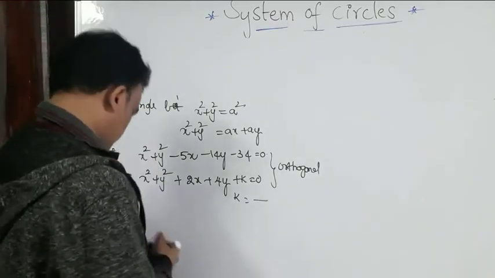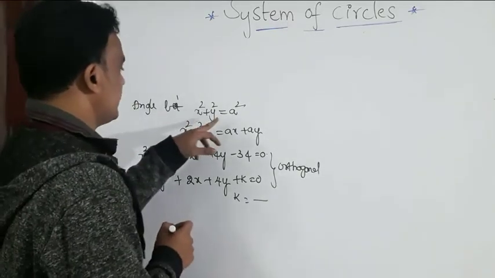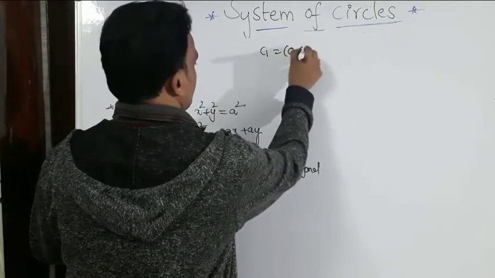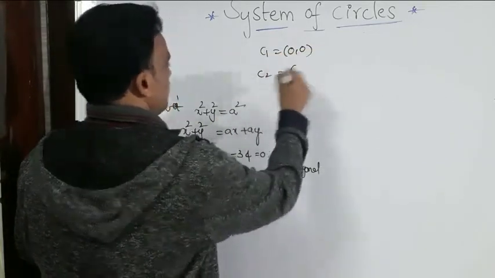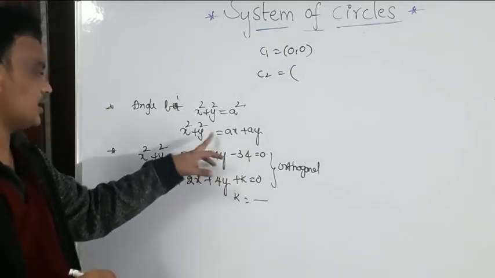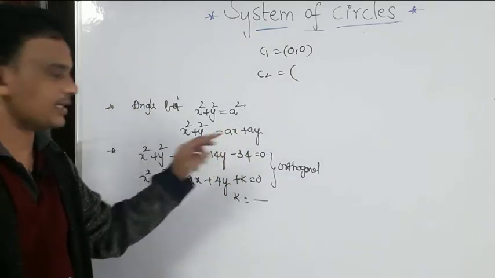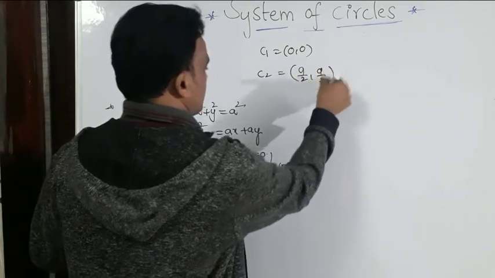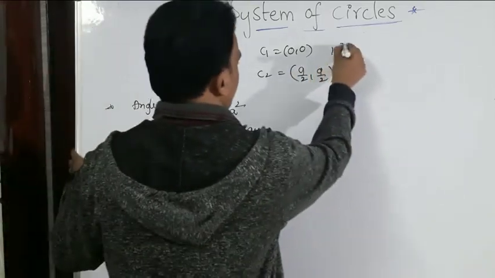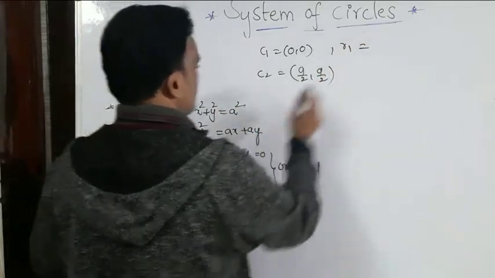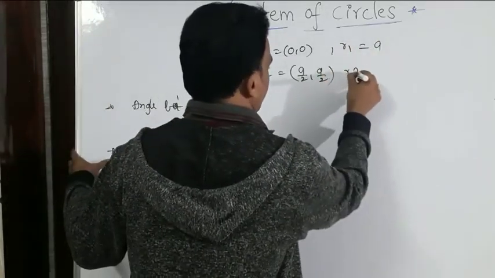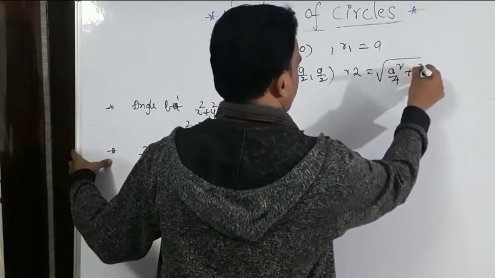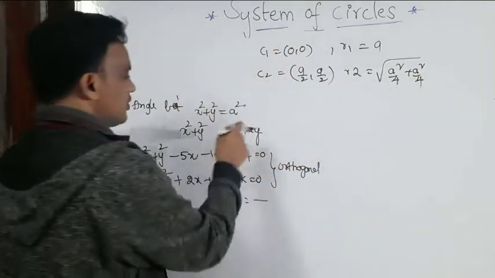Second problem: x square plus y square is equal to a square. Yes, C1 is (0, 0) and the center of the second circle C2 is (-a/2, -a/2), from minus 2gx minus 2fy form, so it is (a/2, a/2). Radius of the first circle is a. Radius of the second circle is the square root of a square by 4 plus a square by 4, and there is no constant.